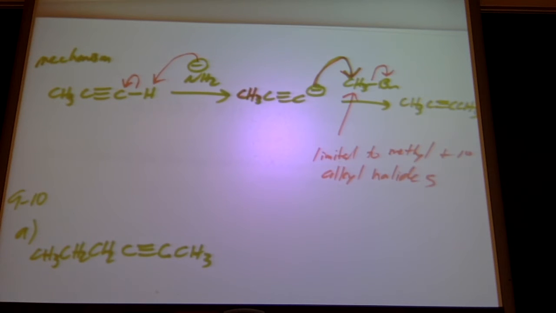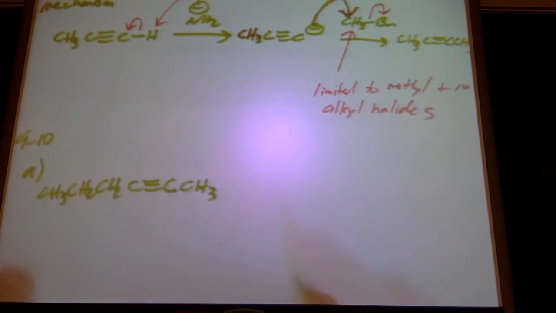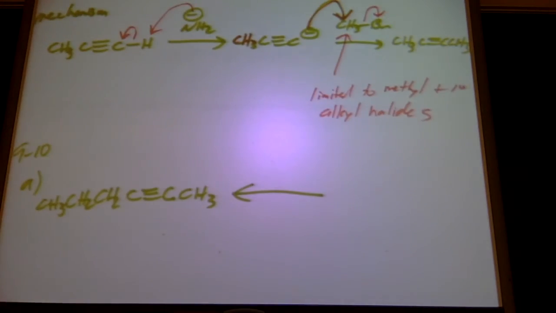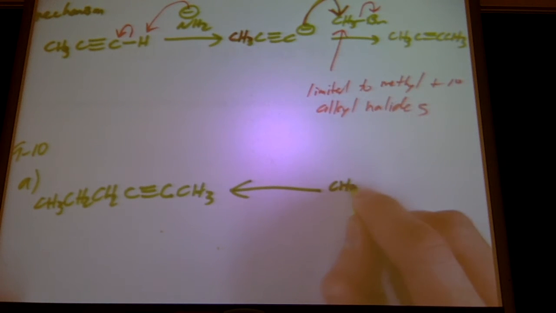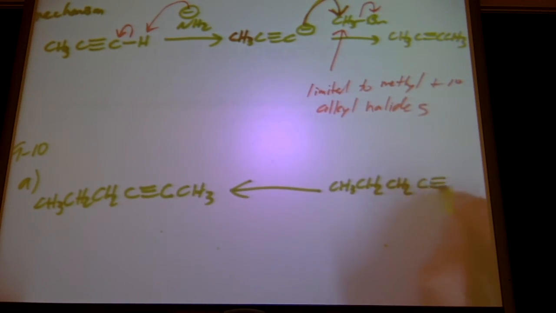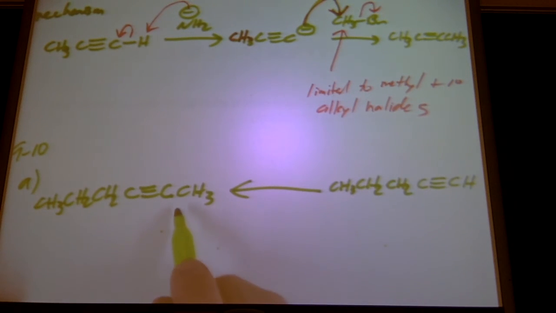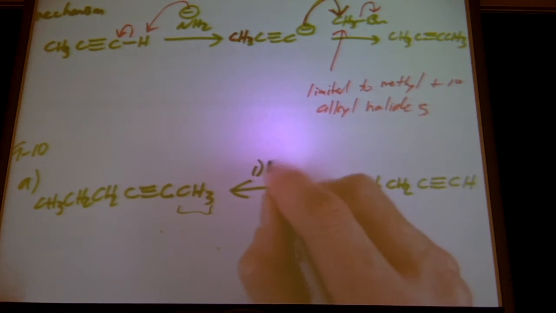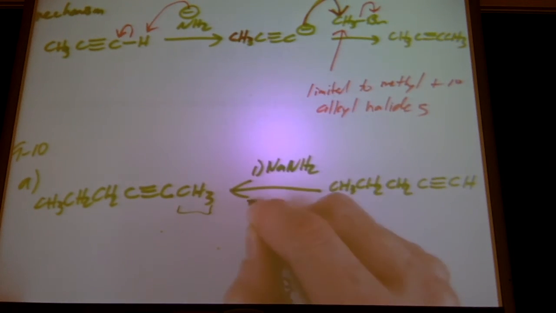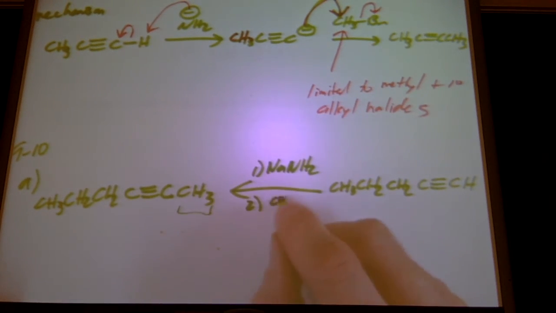If two routes look feasible, list both. So I have my triple bond there. So I have two different possibilities. I can take off this alkyl group, let's say with NaNH2, and then I want to add my methyl group.